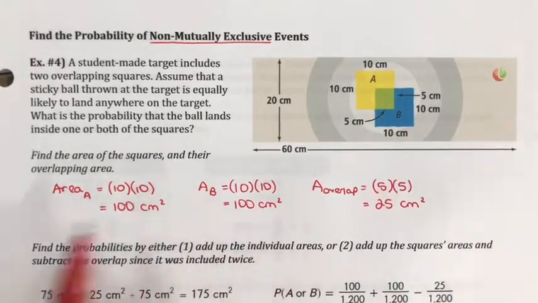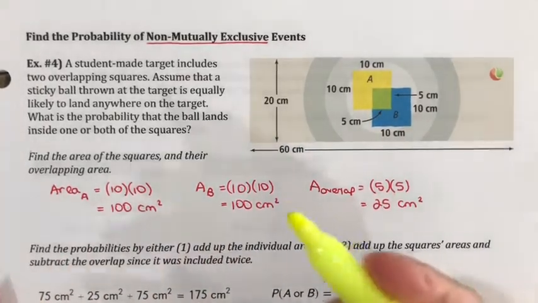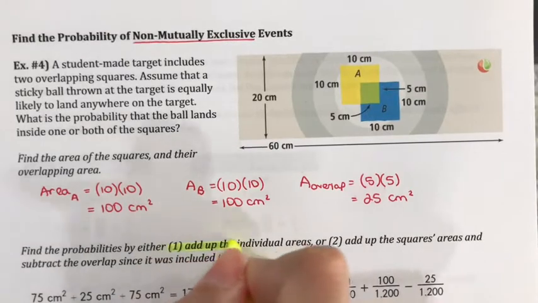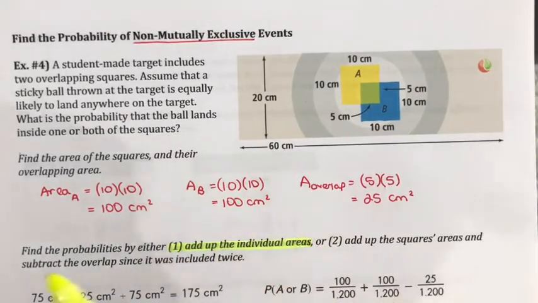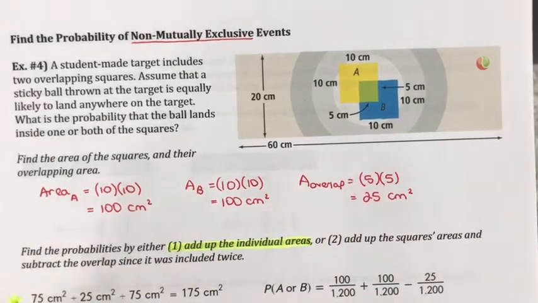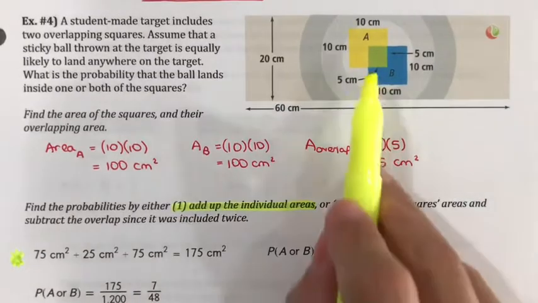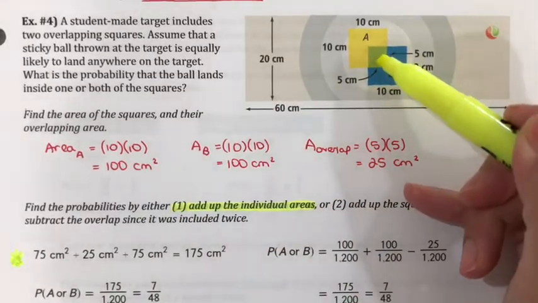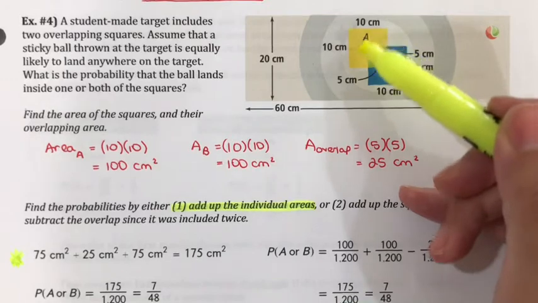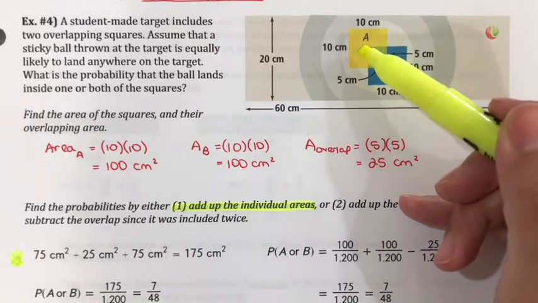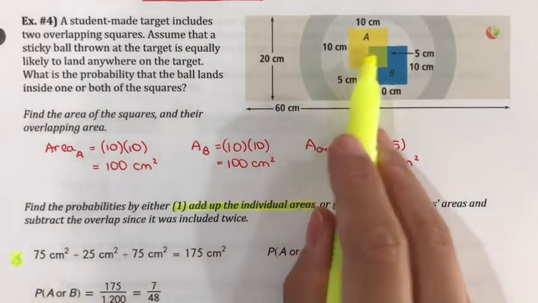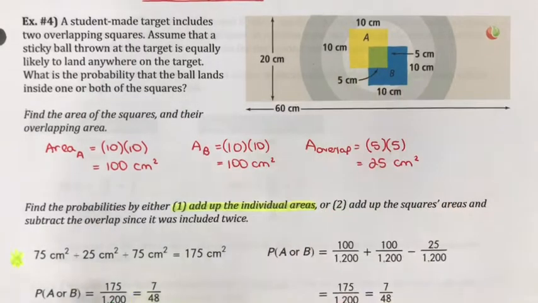So our first option is to add up the individual areas, okay? So that's over here, this first process. Well, if this little piece is 25, that means what's left over in area A would be 75. So I'm adding 75, 25, and then 75. That's the total area, okay?